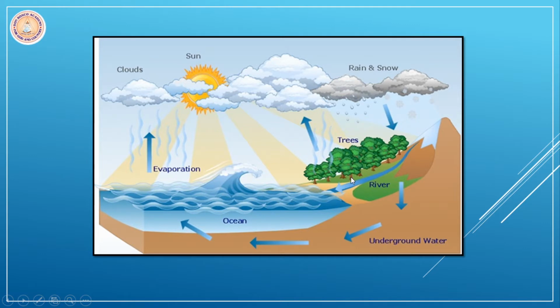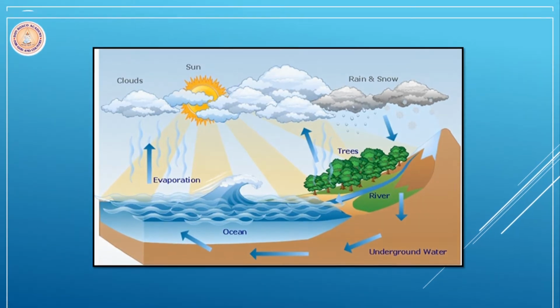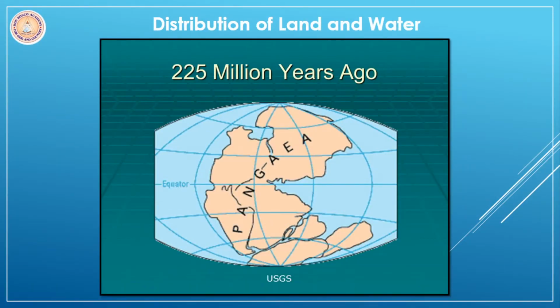Now, as far as the distribution of land and water is concerned, about 225 million years ago, all the continents were joined together. See over here how all the major continents are forming one large mass, which is known as Pangaea.